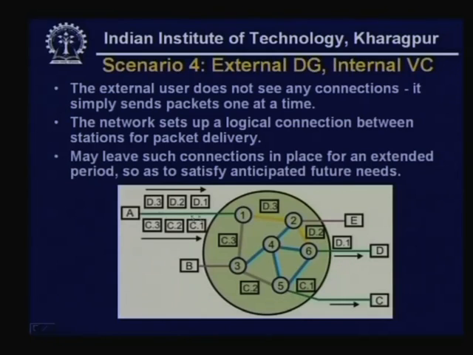However, externally it is datagram. So, you see the 4 situations, of external and internal datagram and virtual circuit, and we have seen how internal paths are created and the packets are delivered at the destination using external datagram.